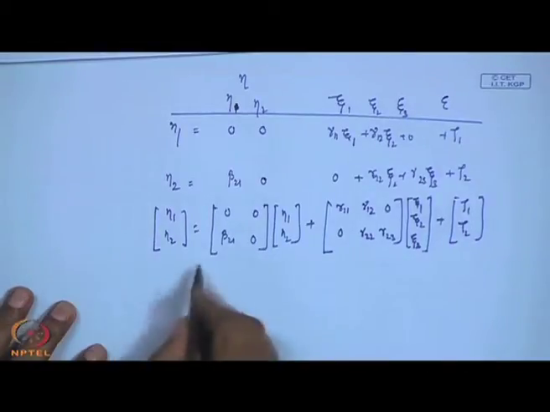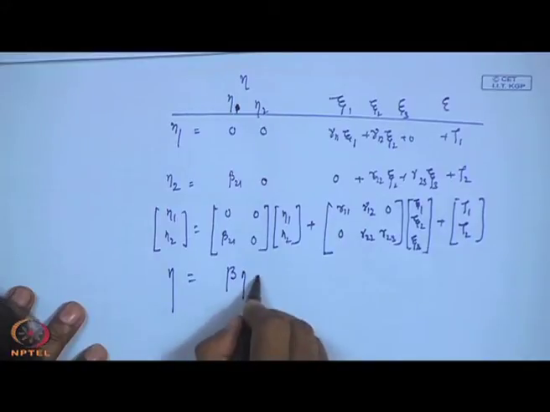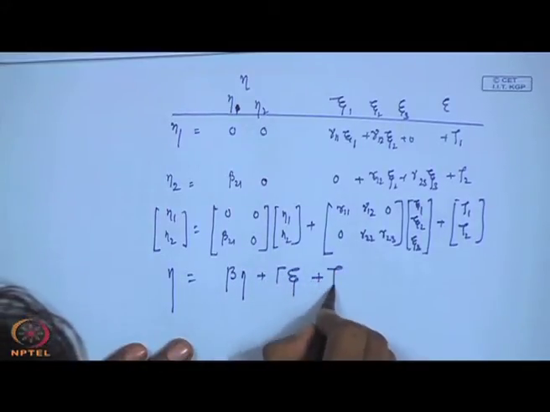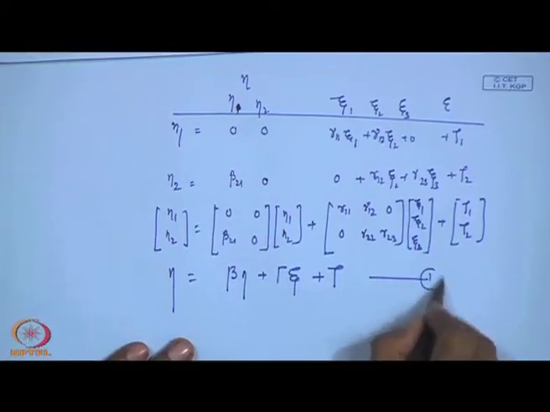That is my structural part. So, eta equal to beta eta plus gamma xi plus zeta. This is one equation.